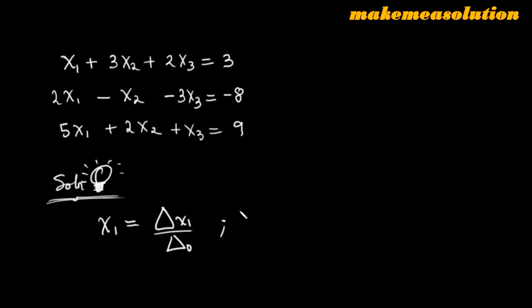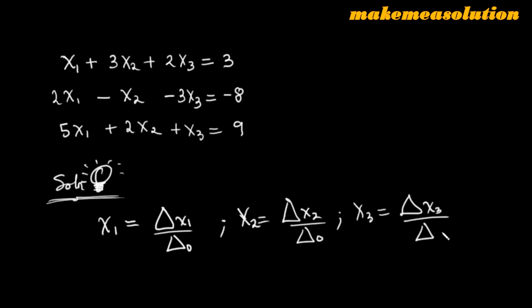Your x2 will be delta x2 all over delta naught, and your x3 is going to be delta x3 all over delta naught. So this is how we are going to configure our system, where delta x1, delta x2, and delta x3 are some configuration of 3 by 3 matrices that we are going to obtain from the system that is given to us.